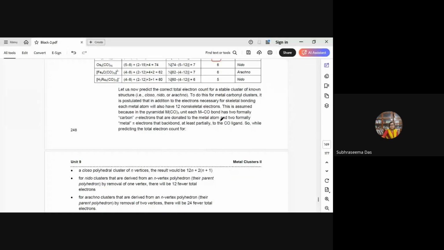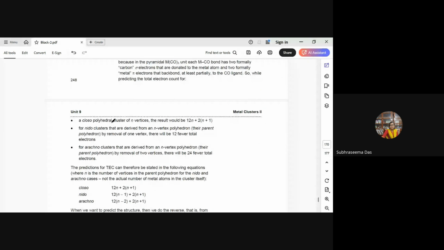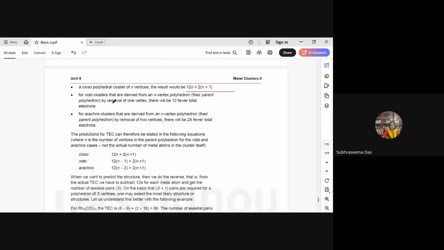We also have to take a few rules into consideration while predicting the total count for a closo polyhedral cluster of n vertices, the result will be 12n plus 2n plus 1. For nido clusters, derived from an n vertex polyhedron, there will be 12 fewer total electrons, and for arachno clusters derived from an n vertex polyhedron, there will be 24 fewer electrons.